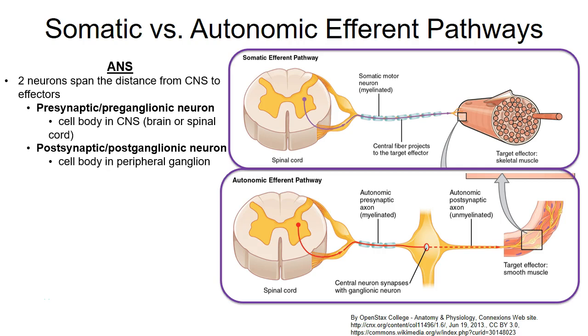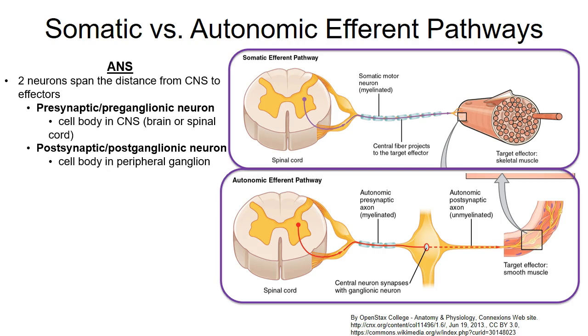Now, how is it going to do that? How do we pass information from one neuron to the next? What do we use? We talked a lot about it last time, last section. So neurotransmitters, absolutely. Okay, so the cell body for the preganglionic neuron starts in the central nervous system.